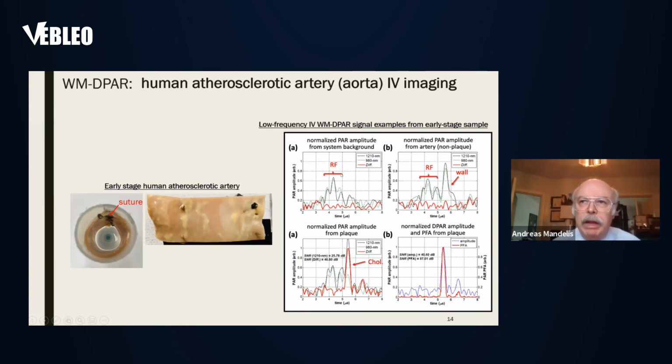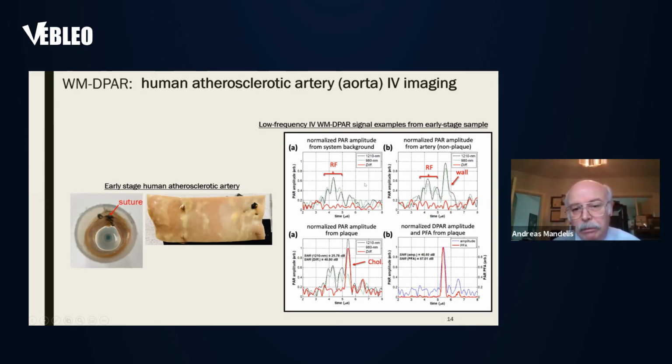You have radio frequency components coming in because the current that is communicated to the laser is essentially acting as an antenna. So it is outputting signals that are seen by the detector, and those have to be taken out because otherwise you'll have erroneous signals due to the radio frequency. Also, the wall is generating a signal because you're simply bumping your energy against the wall, but you really want to look at the absorber that is the lipid on the wall.